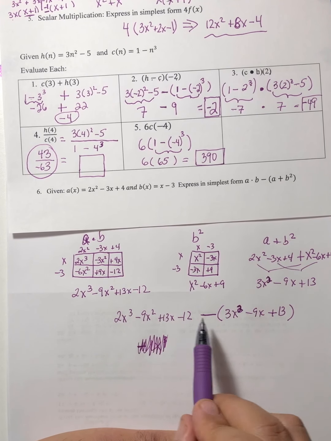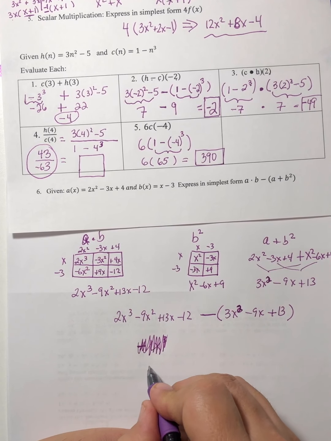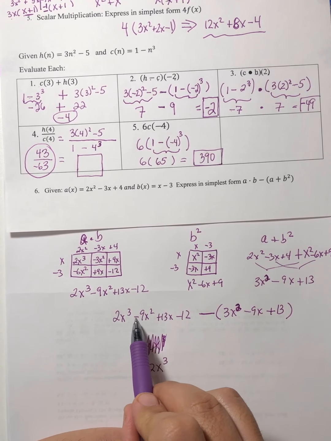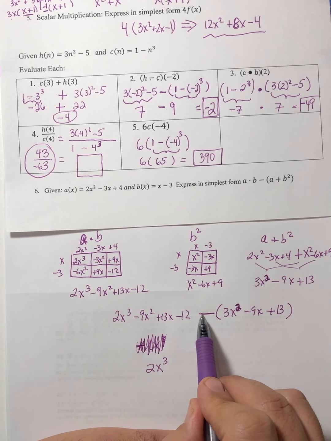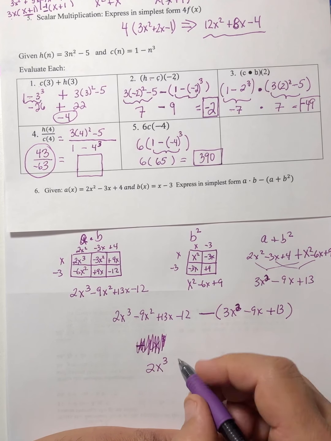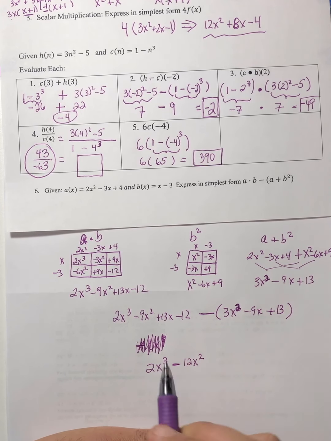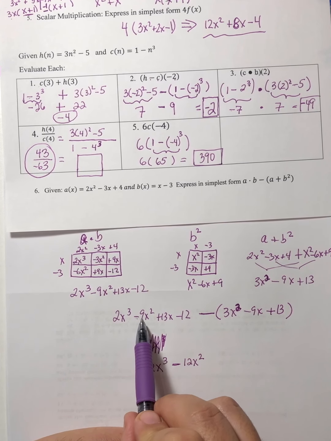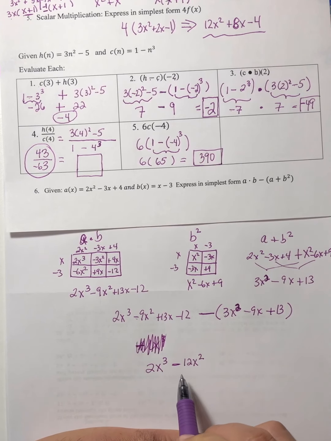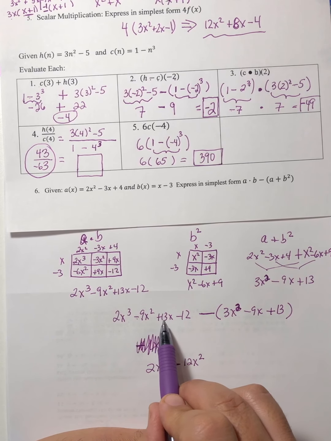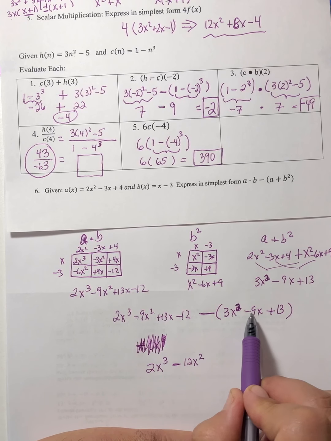So 2x cubed minus nothing, so we'll just write down 2x cubed. Now negative 9x squared minus 3x squared is a negative 12x squared. You can type that in your calculator. Negative 9 minus 3 spits out negative 12. Then it's 13 minus negative 9.